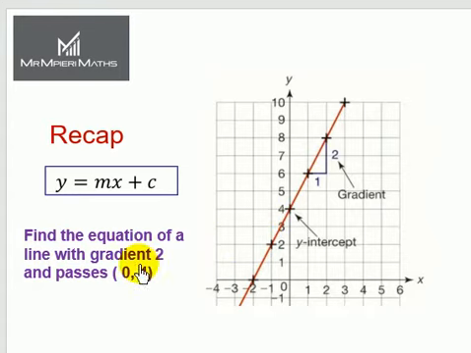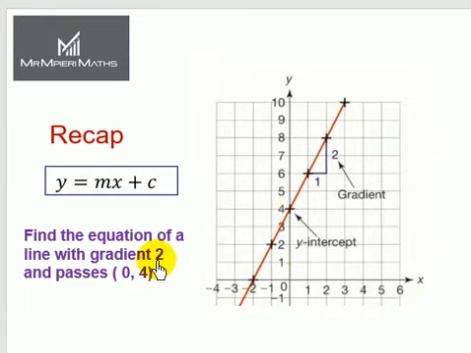If it is in a different format like this, find the equation of a line with gradient 2 that passes through 0, 4. Pretty simple. 0 means this is x and that is y. So c is 4. x is 0, y is 4, and c is 4.